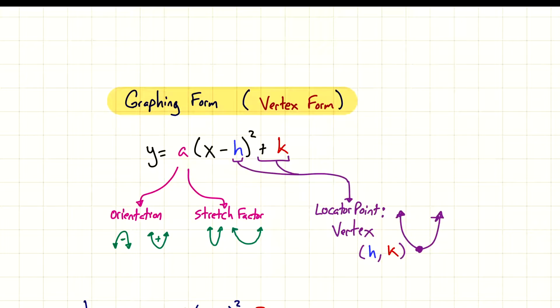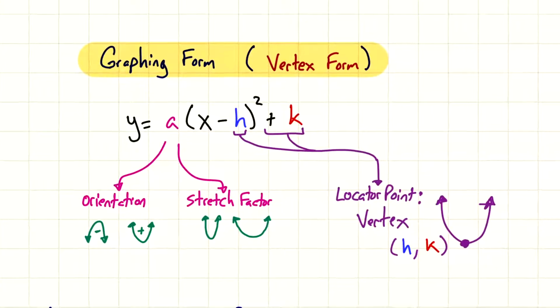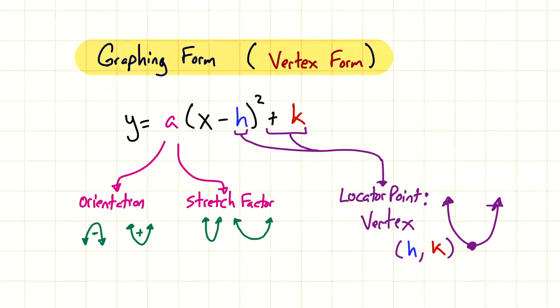So here's another reminder of what our graphing form looks like. Sometimes it also goes by another name called the vertex form. The main reason being that this form immediately gives us the vertex of our parabola, which can also be referred to as a locator point.